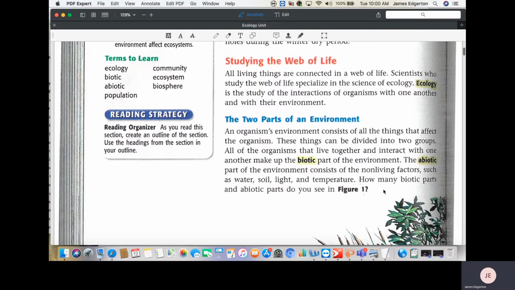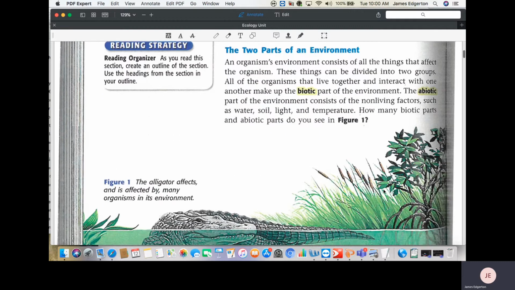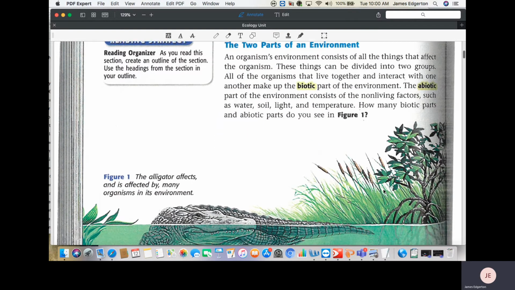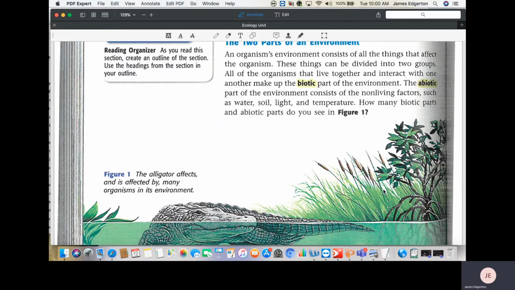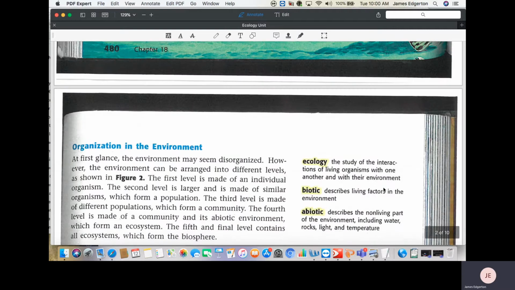Very easy to remember: bio is life, so abiotic is non-life. So those 13 miles from the bottom of the Marianas Trench to the top where the Ruppel's vulture flies is where all living things live on Earth. It's called the biosphere.